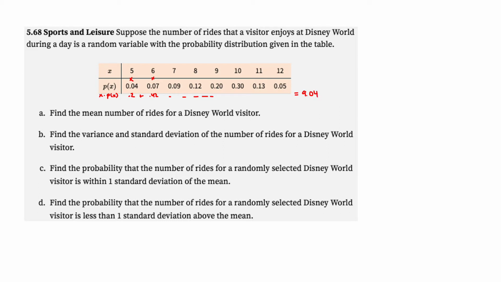Okay. Now we're going to create another line in the table, which is x squared times the probability of x. Okay, so we fill this in, 1, and so on, and add that up.